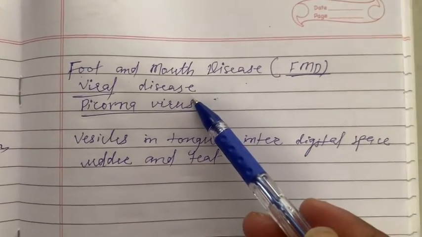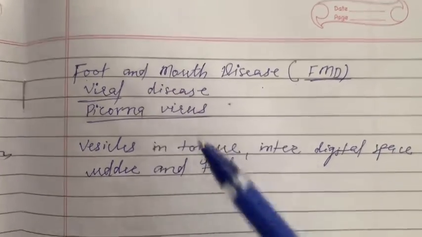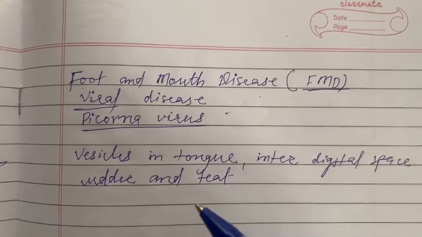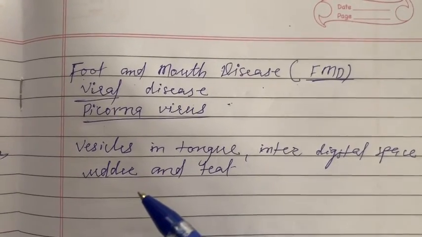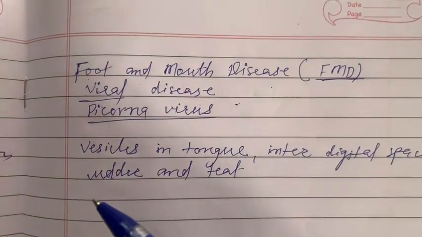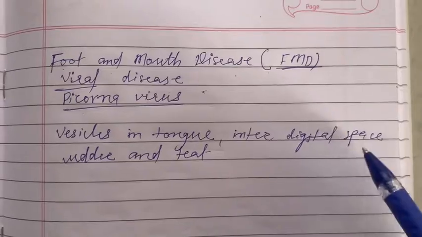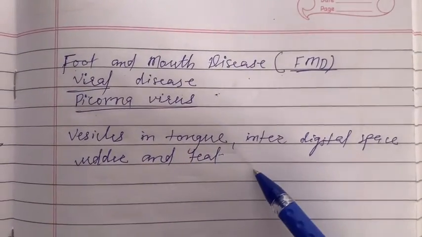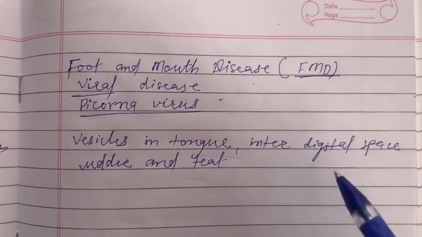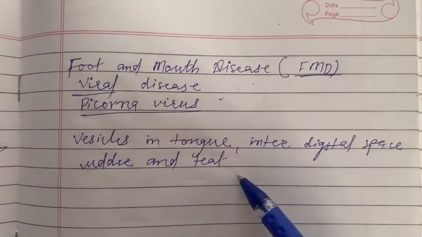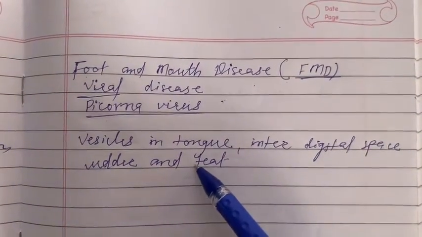To identify if any cattle is suffering from this disease, we have to find the symptoms generally found in affected animals, that is the vesicles in tongue, and then interdigital space, udder and the teeth. If we find vesicles in tongue, interdigital spaces, udder and teeth, in that case we may say that this animal is suffering from the disease.